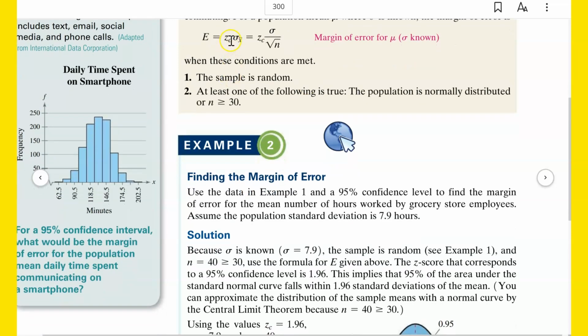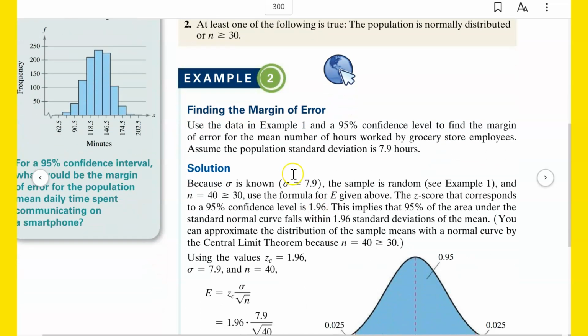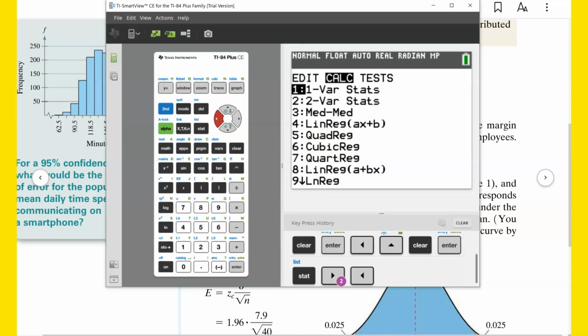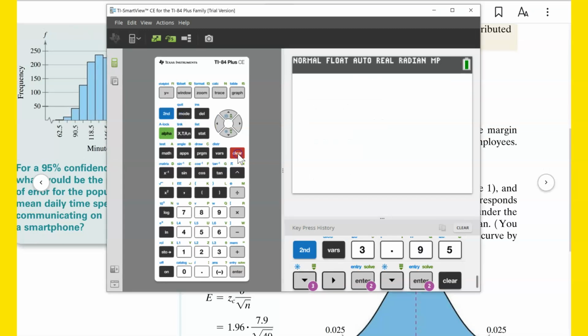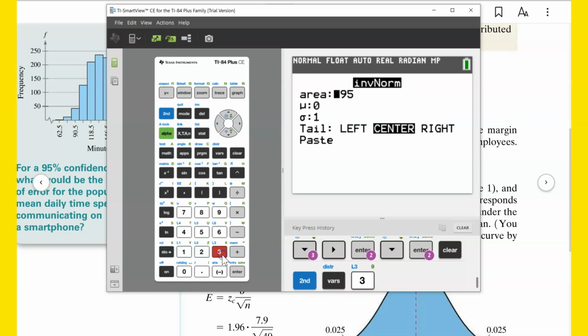All right, z sub c, we're going to get that from our calculator. 95% confidence level. So here's what I do. I go to second distributions, and I go to inverse normal. Here are two ways you can do it.